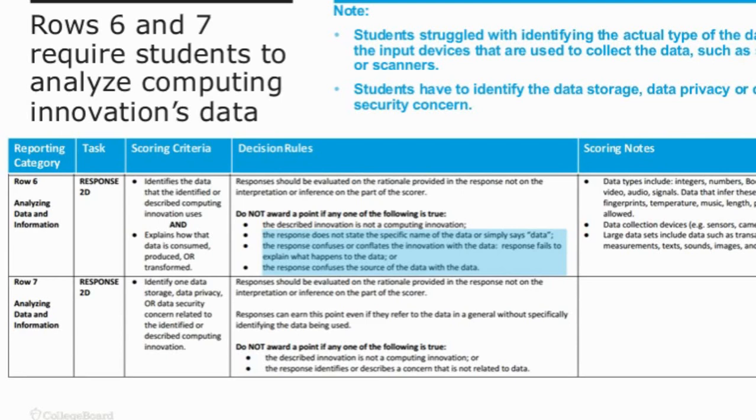Well, a sensor is collecting the data, but sensors can collect all sorts of things. They can collect temperature readings, and distances between objects and all sorts of things. So students need to be much more specific. They can't just name the collection device. They can't say camera. They would have to say that it's images. The camera is not the data, the images that the camera collects are the data.